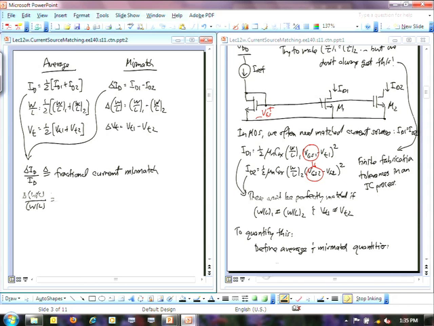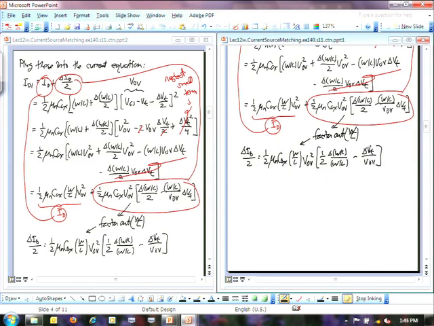So that's my fractional current mismatch here. And so this term right here is a geometry-based mismatch. Okay, so a geometry-based component.